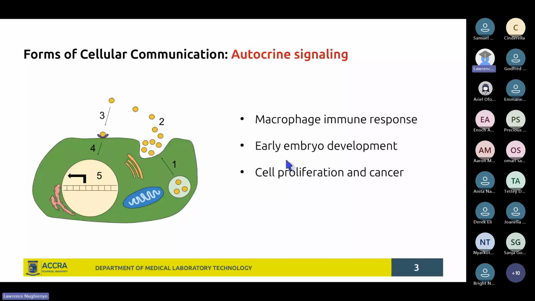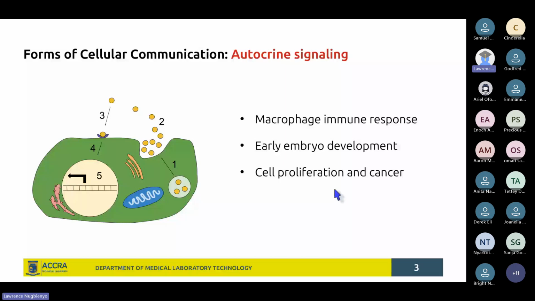Similar thing happens with cancer cells, where you have cancer cell proliferation occurring by autocrine signaling, and it is what can result into the formation of tumors, because these cells will be dividing so quickly. And so you have such autocrine signaling, at a very fast pace in such disease condition in cancer.